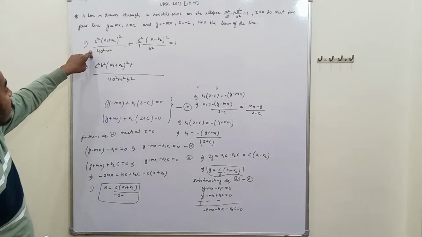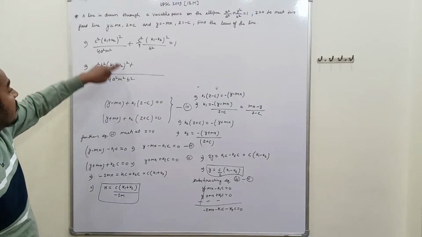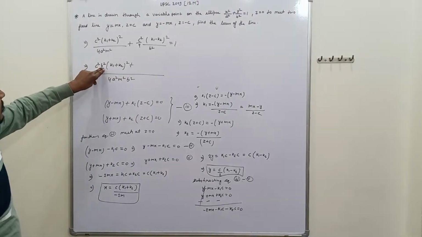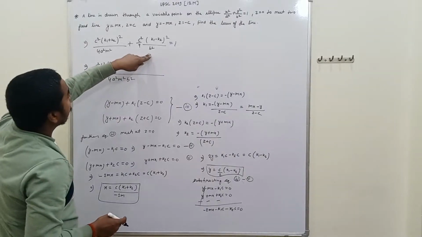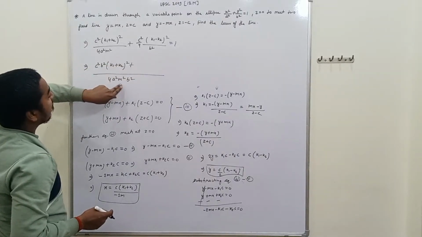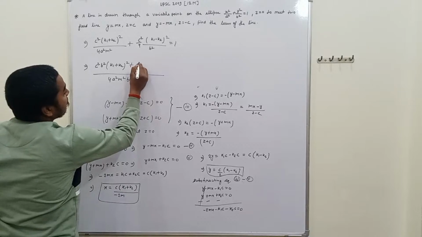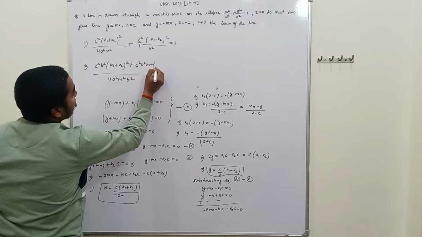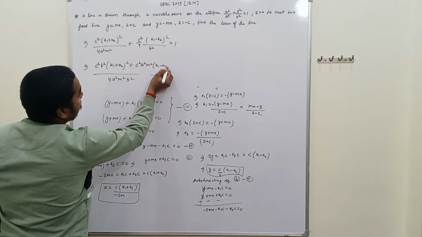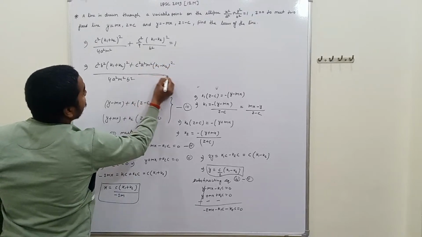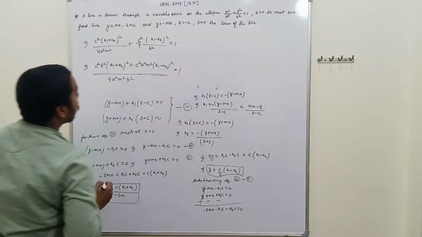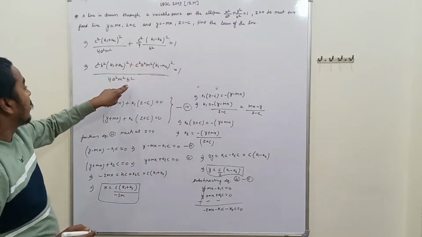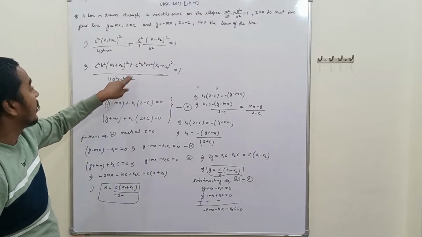Here 4 a square m square is present, not b square, so we multiply this term with b square. Further, 4 b square is present and a square m square, not c square, plus c square a square m square k1 minus k2 whole square is equal to 1, upon 4 b square a square m square.